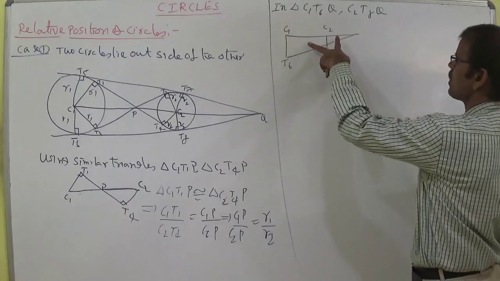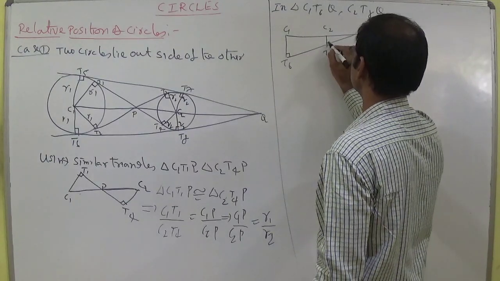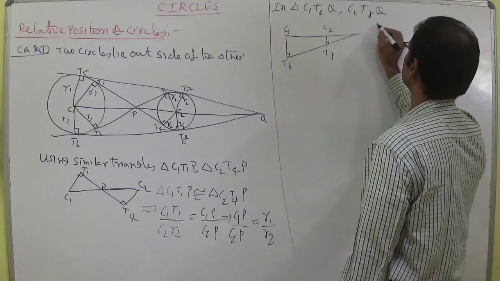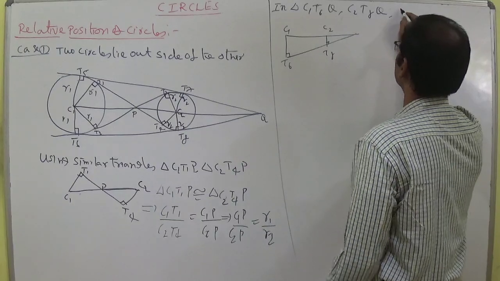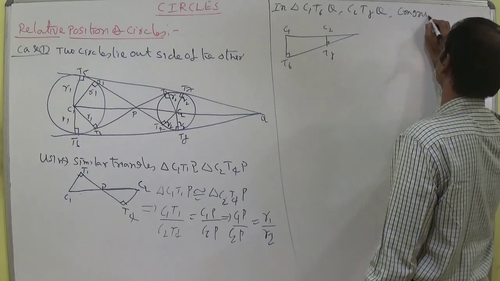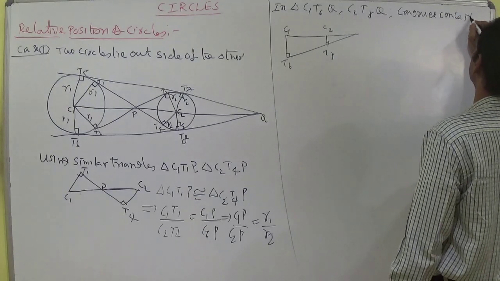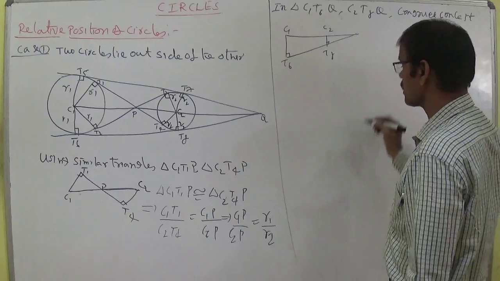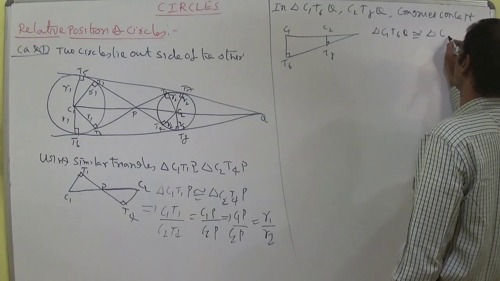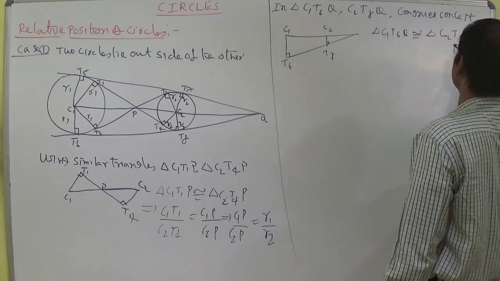So C1, this is the large circle. Here also the concept: at T6 this is 90 and this is 90. So according to the large and small concept, triangle C1T6Q and triangle C2T8Q, congruent concept. So these two triangles are congruent.